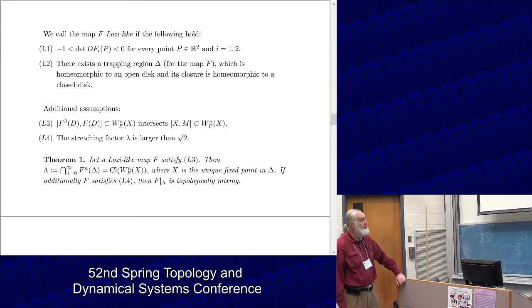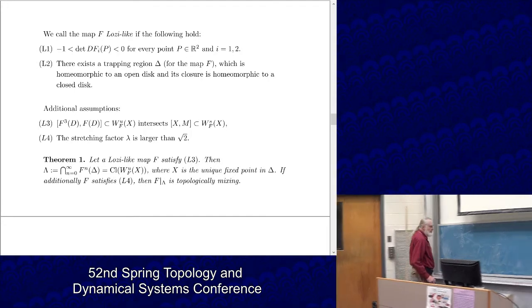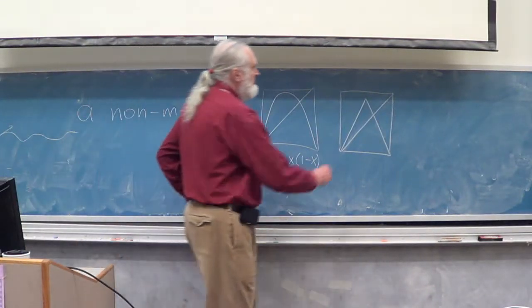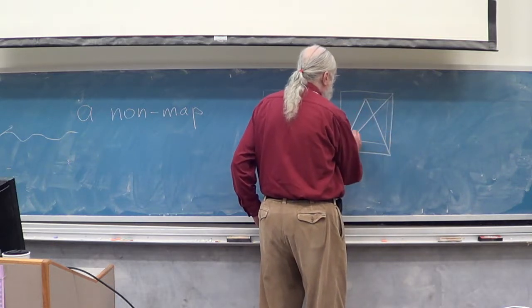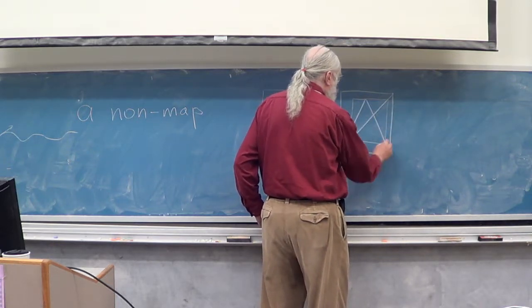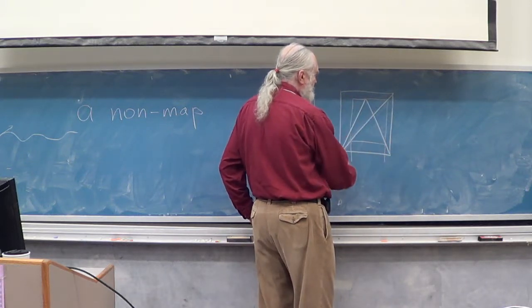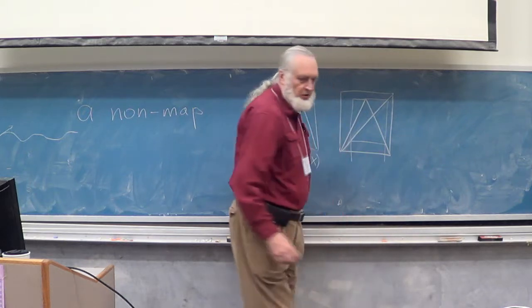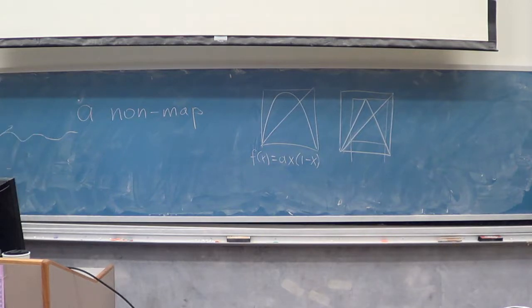If the slope is larger than square root of 2, then you don't have this, and if you take the core of the map, so the interval from the second image of the turning point to the first image of the turning point, then the map on this interval will be transitive. There will be a dense orbit.